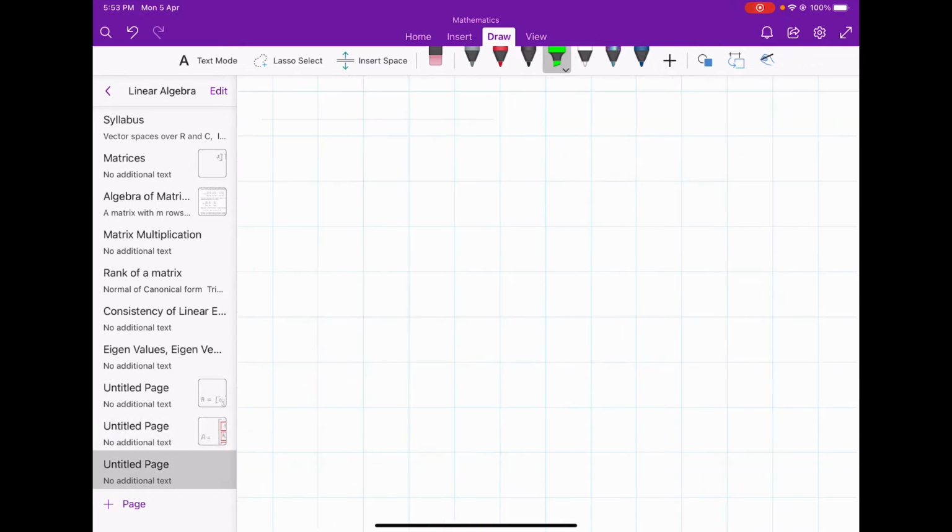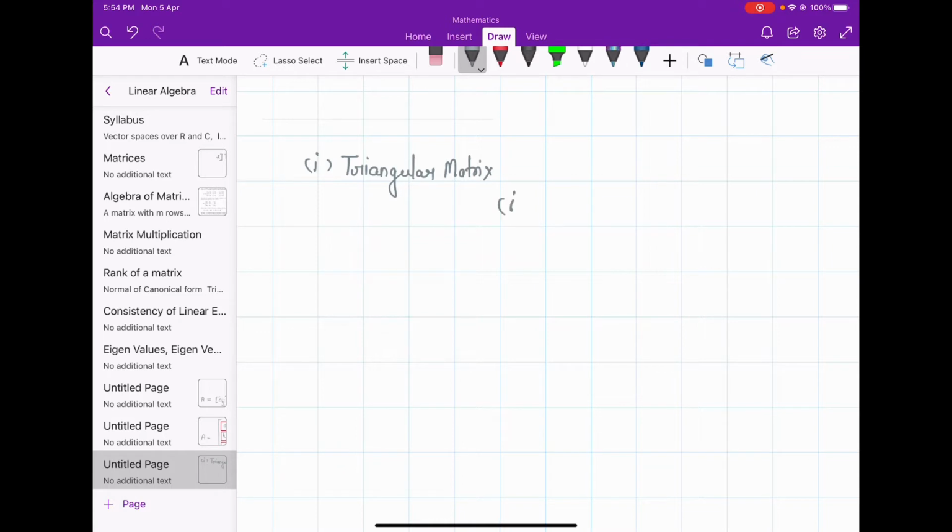Now we are going towards a few other types of matrix. The first will be triangular matrix. This type of matrix is divided into two types.